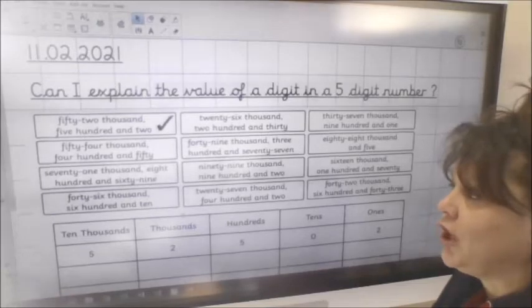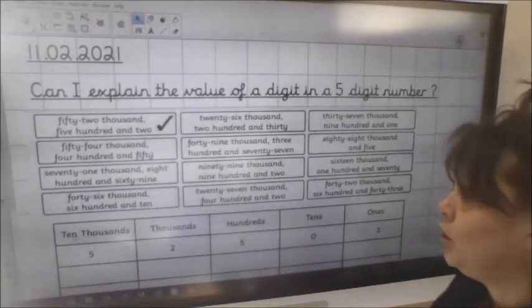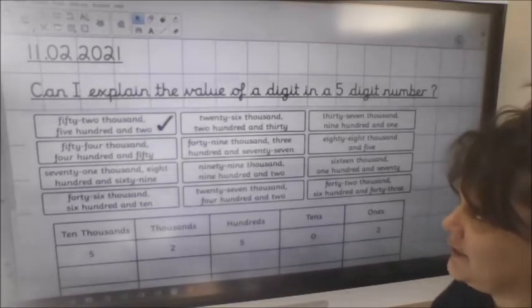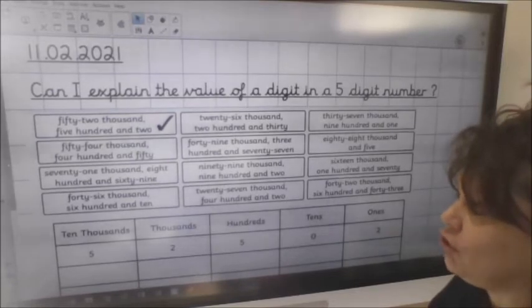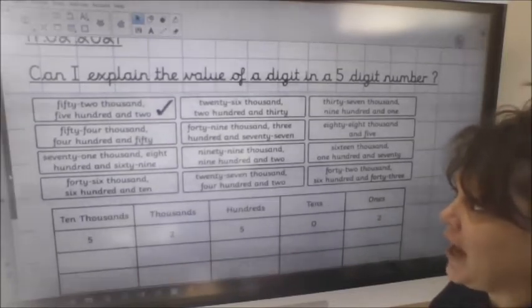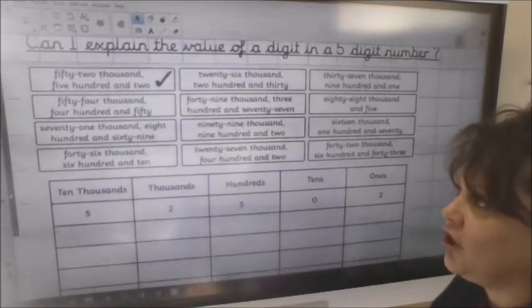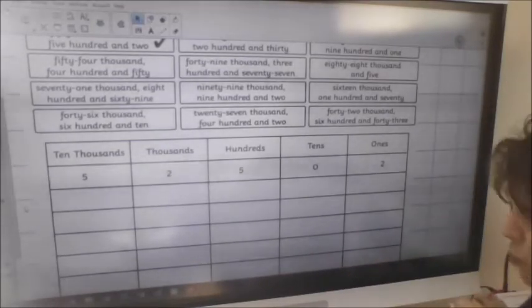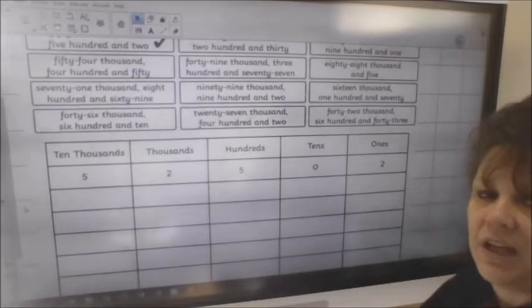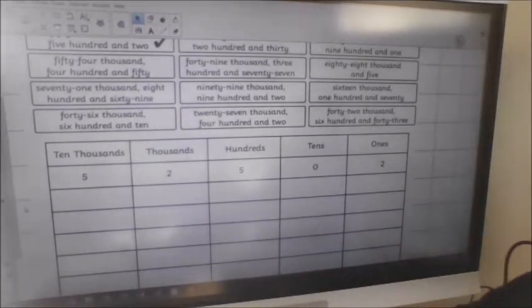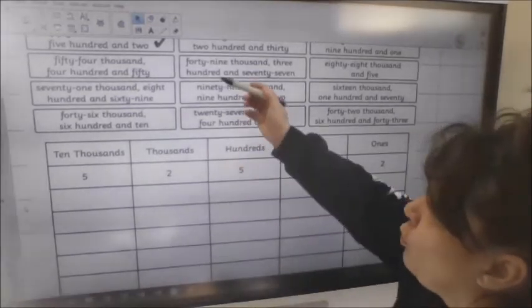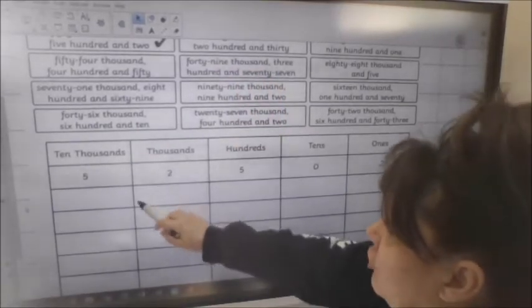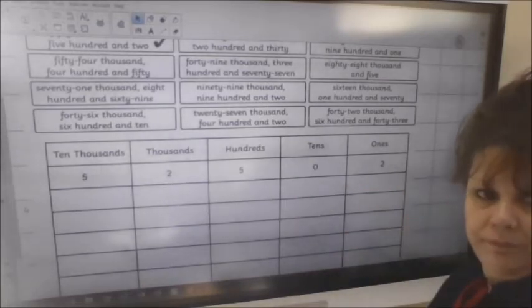So I've got some numbers that are written in words, and I've got a little grid behind me. I'm going to show you how we can use the grid to help us work out the value of the numbers that are written in words, so that we can see them nice and clearly in numerical form as well as word form. So what's been done for us? We've got 52,502.